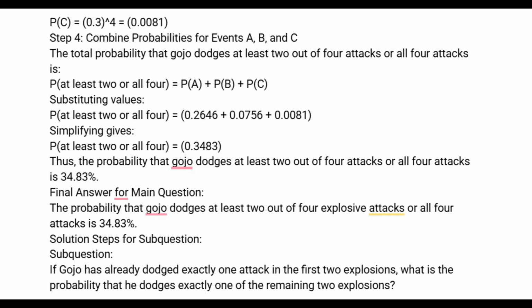Simplifying will give you 0.3483. Thus, the probability that Gojo dodges at least 2 out of 4 attacks or all 4 attacks is 34.83%.